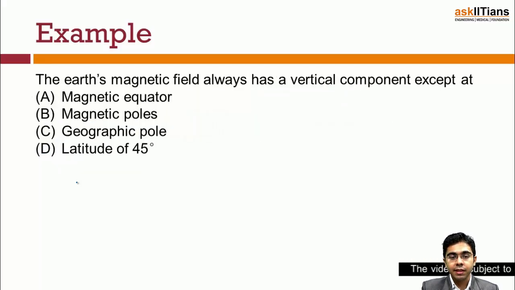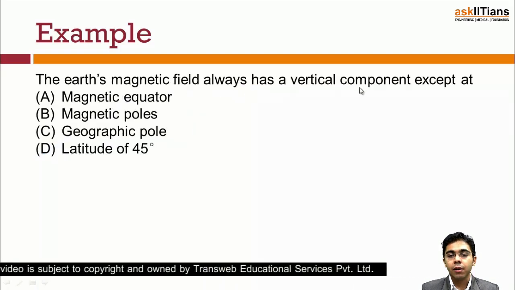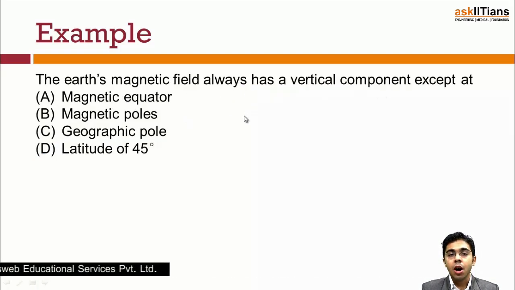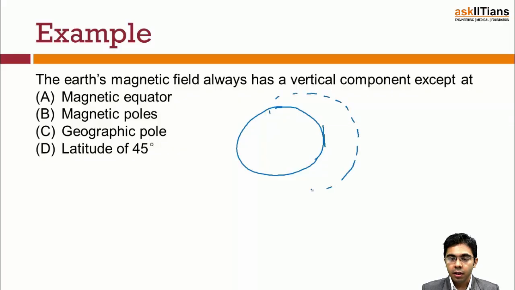Now let's proceed towards the next example. The earth's magnetic field always has a vertical component except at... okay, so they are talking about the vertical component. We have studied that if this is the earth, the horizontal component is this, and if these are the magnetic field lines, at this point of the equator these two lines are parallel to each other.